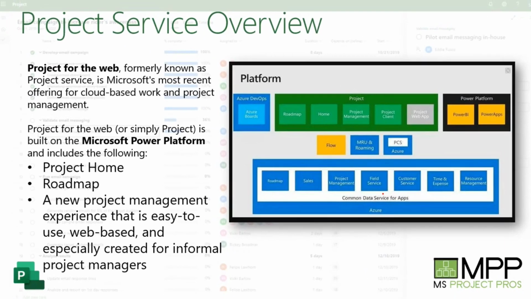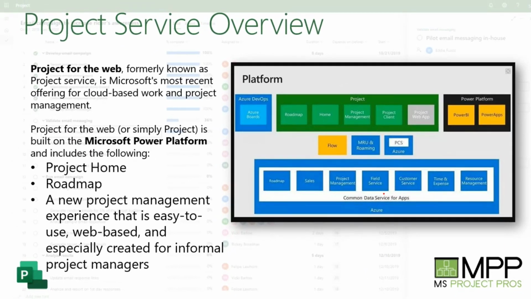But the biggest thing that you need to be aware of is that project, as we know it, is moving into this new Power Platform. So you notice in the second section here, it talks about Project for the Web, or simply Project, is built on the Microsoft Power Platform. And what it encompasses is really Project Home, which we'll take a look at here in a little bit, and what's called Project Roadmap, this high-level view of all the different projects you have going on.